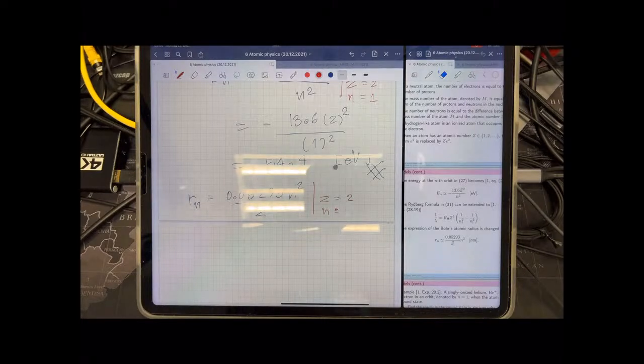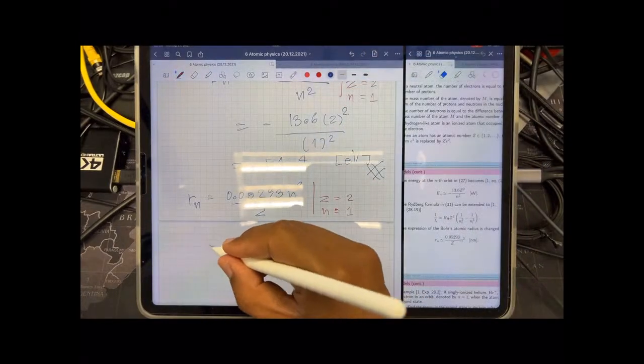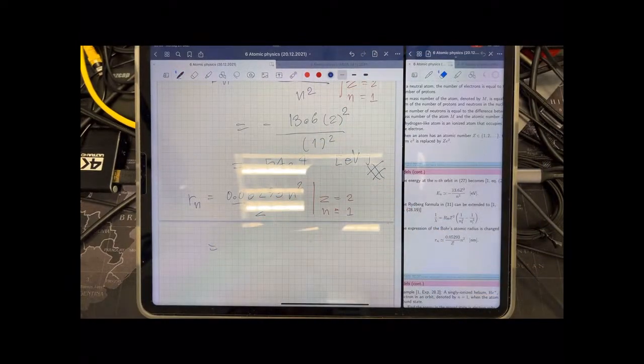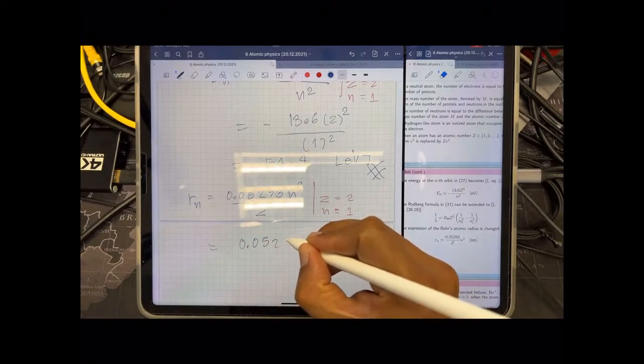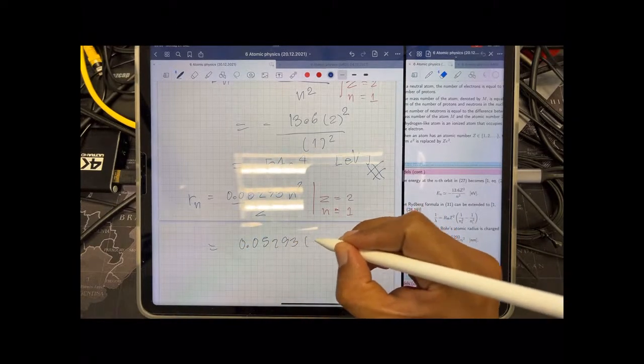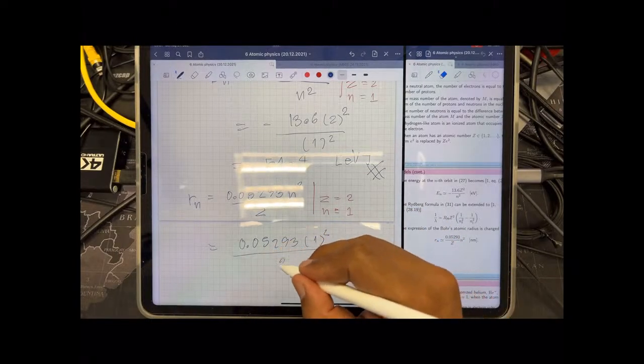This one, n equal to 1, because we want to see something about the ground state. So it's 0.05293 times n, number 1 squared, divided by 2.